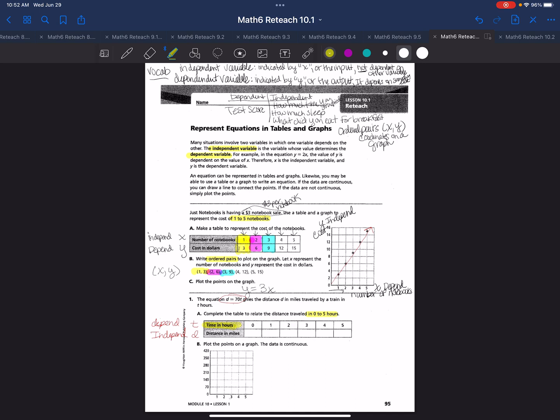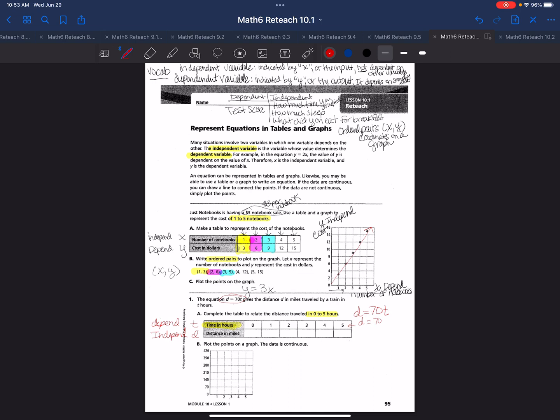Okay, so what I need to do is multiply each value of time by 70, and that's going to give us the distance in miles, because this is 70 times t. So now I take my time in hours, which is given to you, and I plug it into my equation.